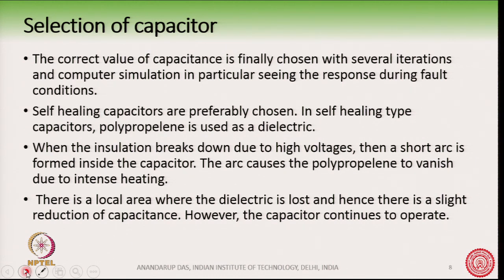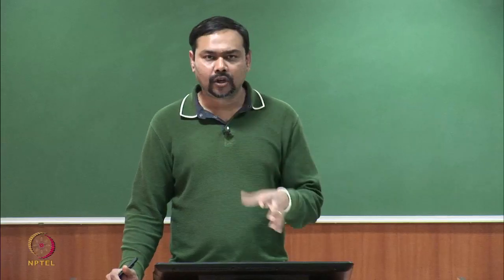So, when there is a flashover or when there is a high voltage on that capacitor, then the insulation breaks down, and due to the enormous heat generated, the polypropylene vanishes. Therefore, a small arc is generated and the polypropylene vanishes, so there is a local area where the dielectric is lost.